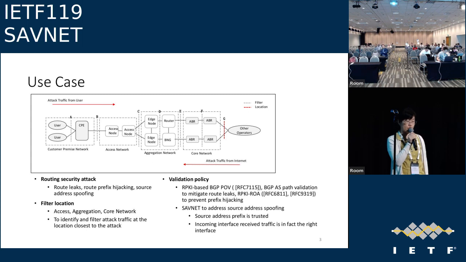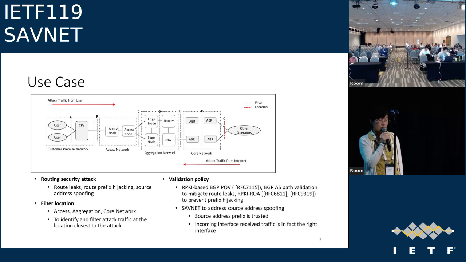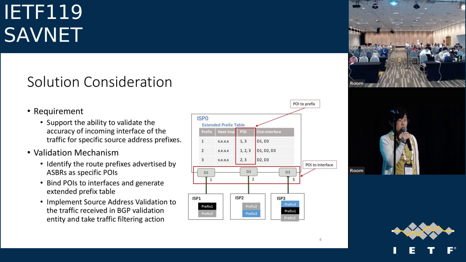The assumption for this SAV validation is that the source address prefix is trusted. So the only question for this draft is to address the incoming interface accuracy. The solution for the SAV intra-domain networks is to solve the security requirement, which is to support the ability to validate the accuracy of the incoming interface.